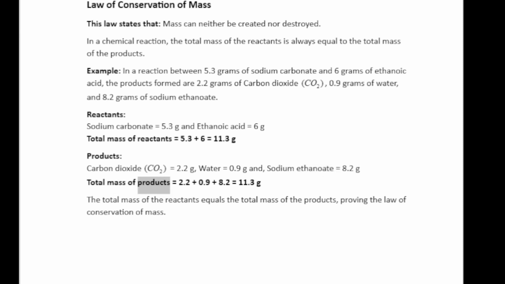Total mass of products is equal to 2.2 plus 0.9 plus 8.2 is equal to 11.3 g. The total mass of the reactants equals the total mass of the products, proving the law of conservation of mass.